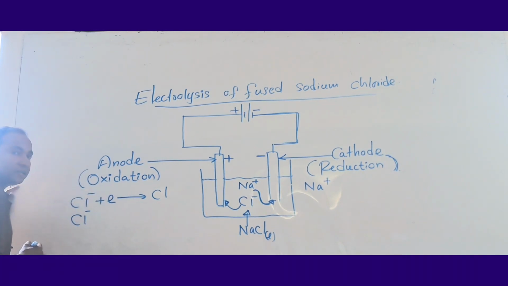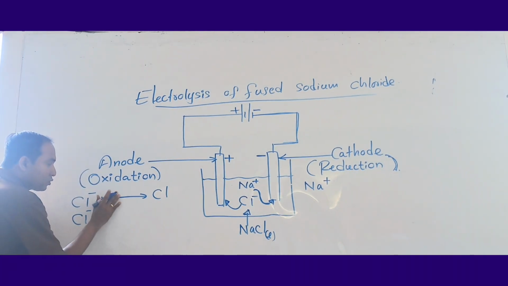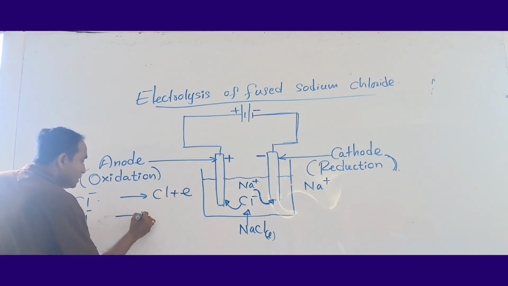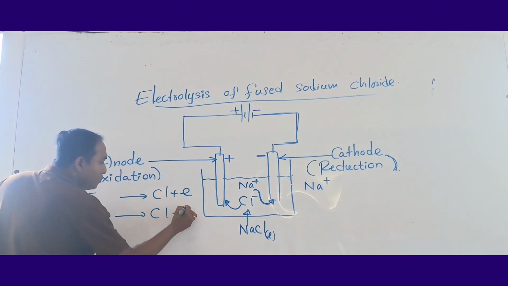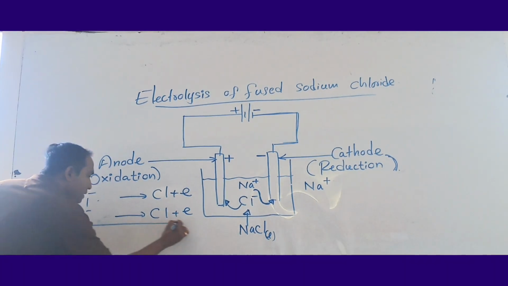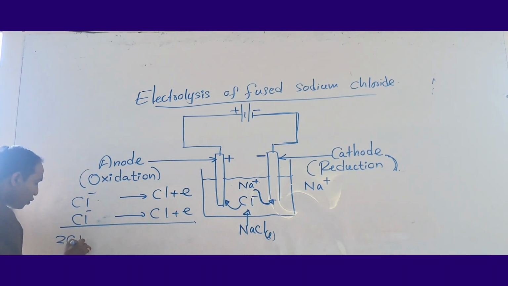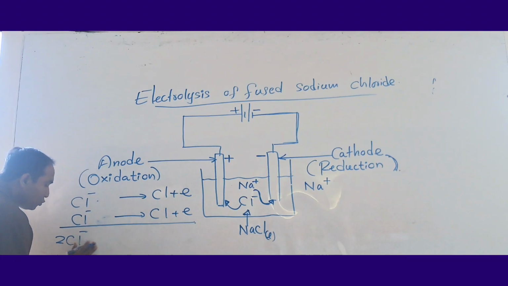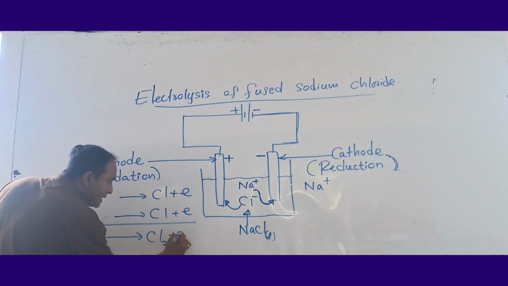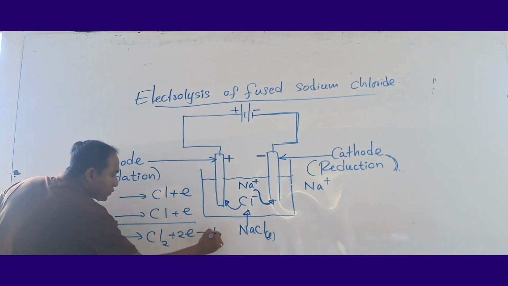Another chloride ion removes an electron and forms another chlorine atom. Therefore two chloride ions form chlorine gas by removing two electrons.